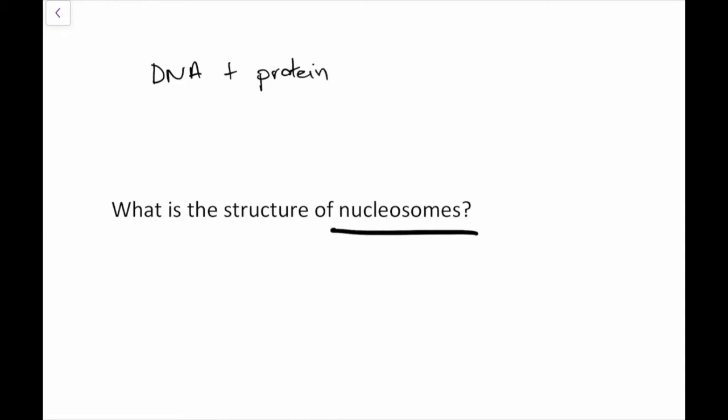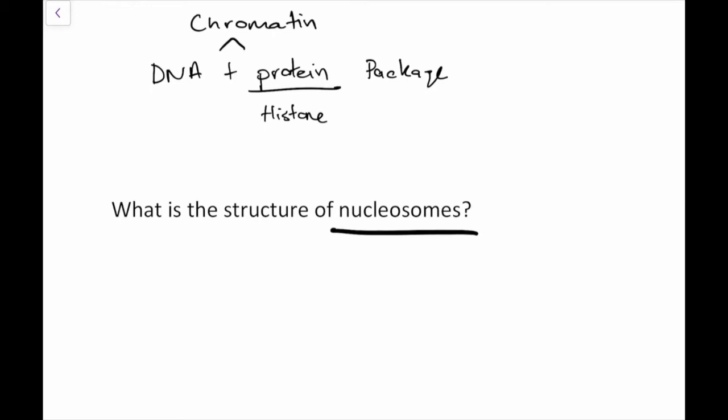So we're using protein to help package. And these proteins are histone proteins. So if we think about the fact that it's not just DNA, it's DNA and protein, we can call DNA and protein chromatin. It's DNA wound around proteins.